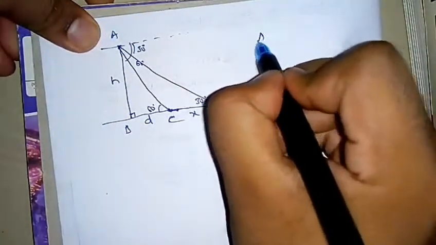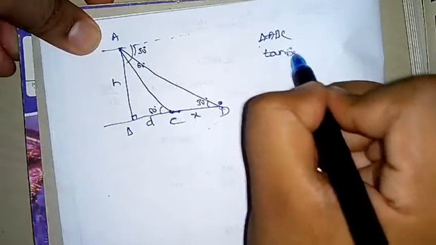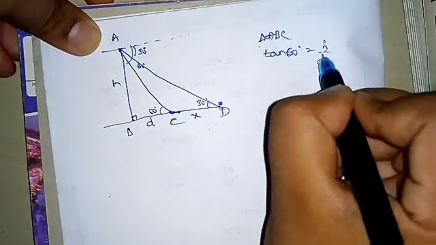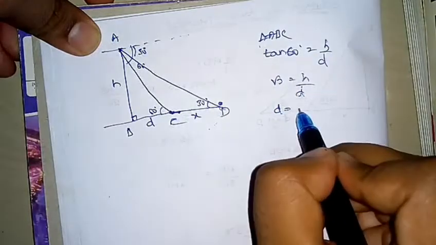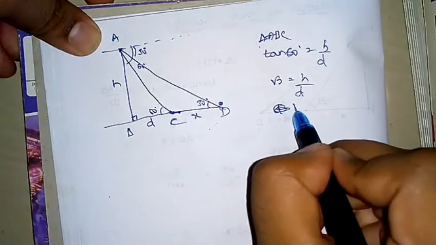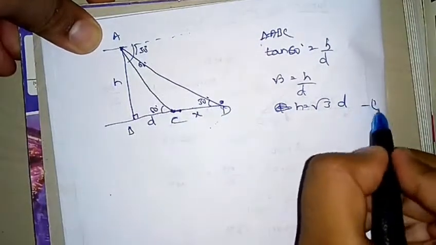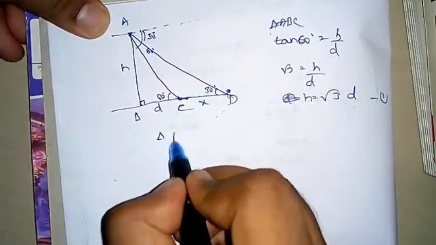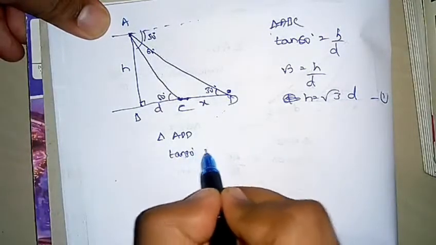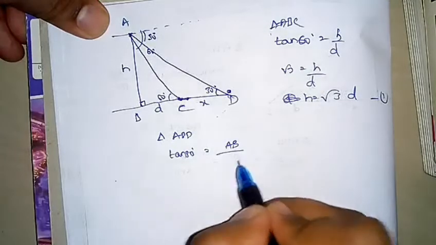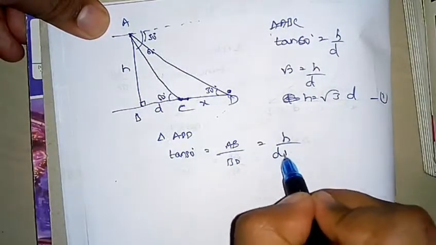Therefore, in triangle ABC, tan 60 degrees is equal to h by d. Tan 60 is root 3, which is equal to h by d. So h is equal to root 3 d. This is equation 1. Now in triangle ABD, tan 30 degrees is equal to opposite side AB by adjacent side BD, which is equal to h by d plus x.